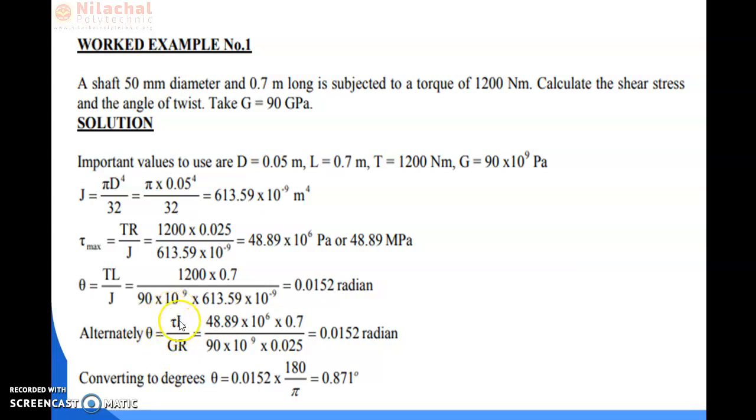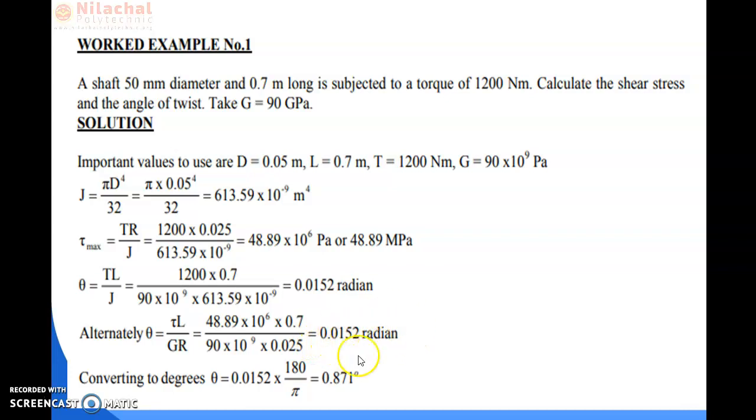So tau we got as 48.89 into 10 to the power 6. L value is given in the question, that is 0.7 meter. Modulus of rigidity is given as 90 into 10 to the power 9 Pascal, and radius of the shaft is given as 0.025.